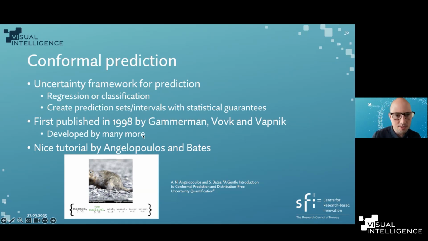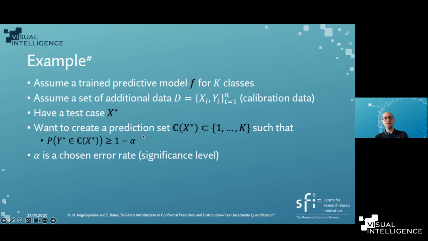And I'm taking this example from a really nice tutorial by Angelopoulos and Bates, which is worth a read. So in this example, you assume that you have a trained predictive model f for K classes, so a classification model, which is trained on some training data. You assume that you have some set of additional data from the same distribution, which you call the calibration data.